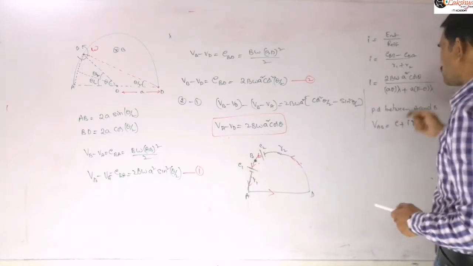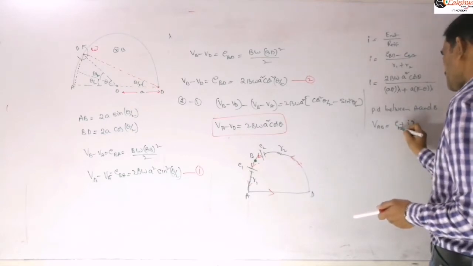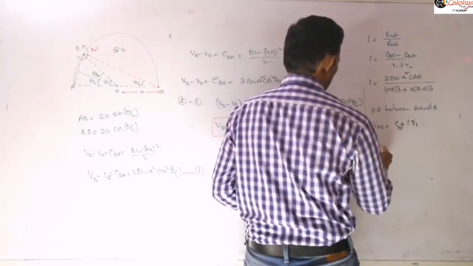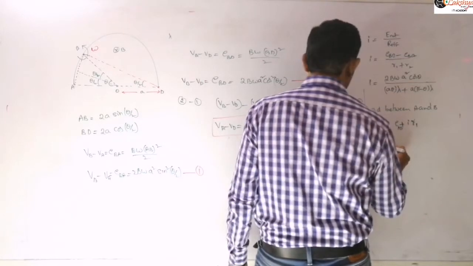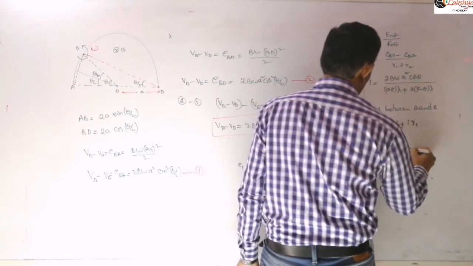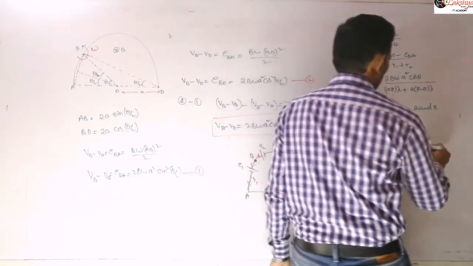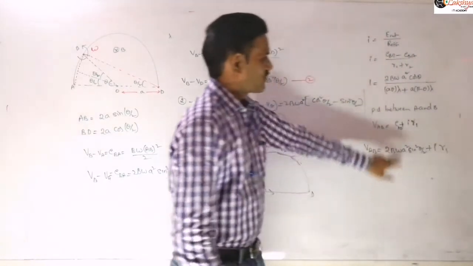Now substitute that E value. E is nothing but EAB, the EMF of only that cell. So the potential difference VAB we can write as 2B omega A square sin square theta by 2, plus IR1, and substitute the I value.